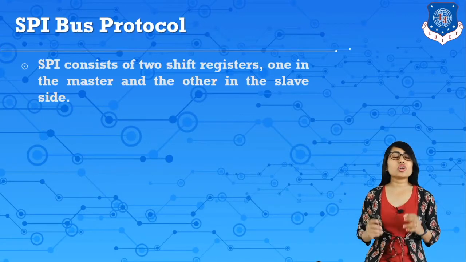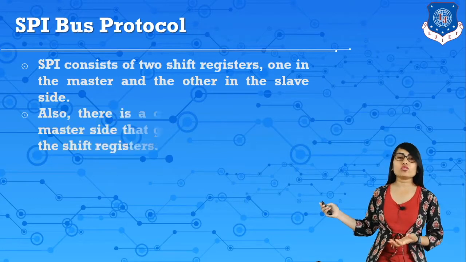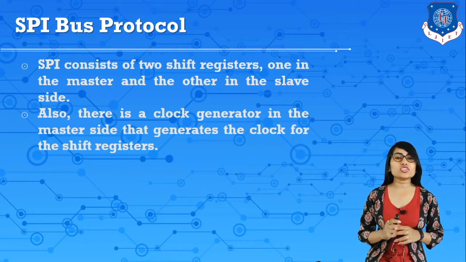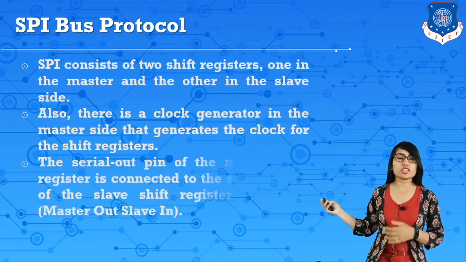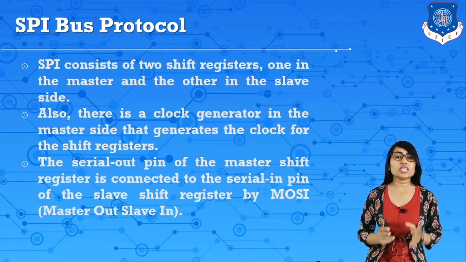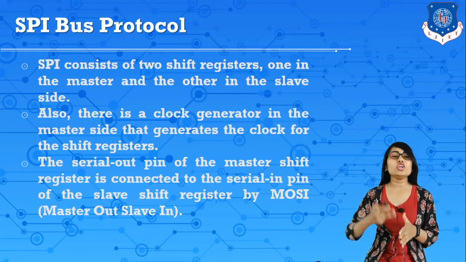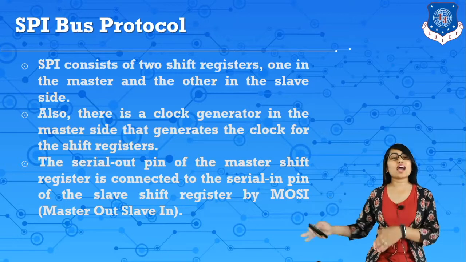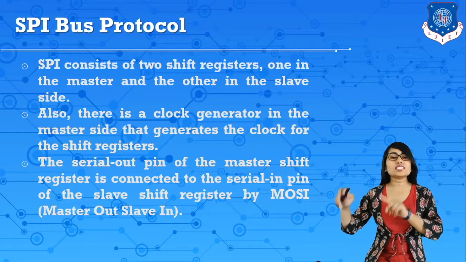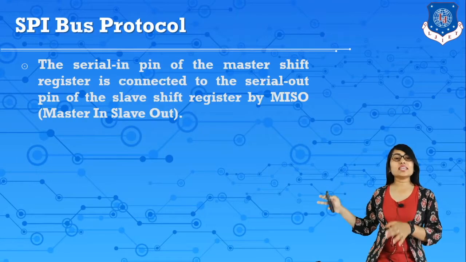SPI consists of 2 shift registers, one on the master side and the other on the slave side. Also there is a clock generator on the master side that generates the clock for these shift registers. The serial out pin of the master shift register is connected to the serial in pin of the slave shift register by MOSI, that is master out slave in, and there is the other, that is master in slave out.